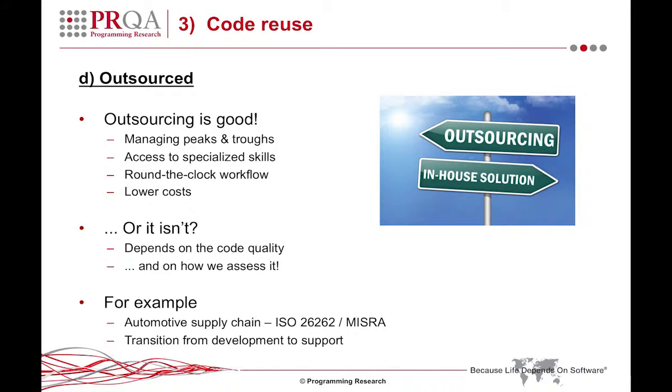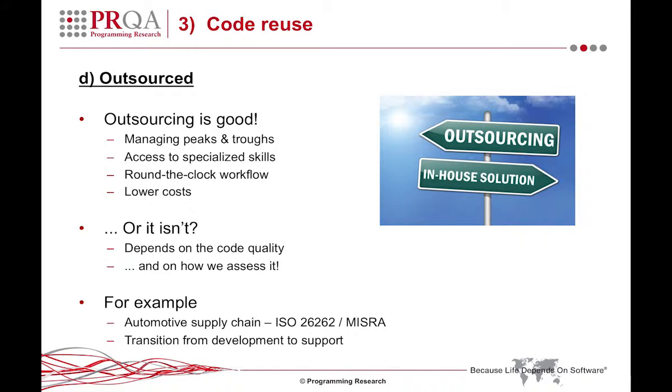Outsourcing is good in that it helps to manage peaks and troughs in resources. It gives access to specialist skills. Potentially it allows work to happen around the clock by using different geographies around the world, and it will deliver lower cost. One of the big issues is guaranteeing that the code quality comes back at the level that it needs to be. Clearly there's a role here for static analysis tools.